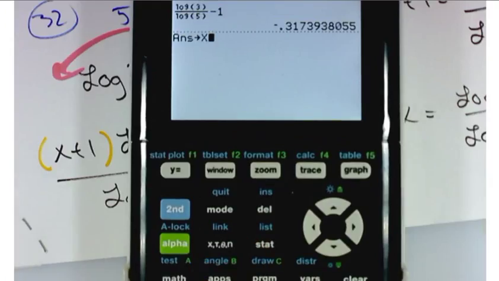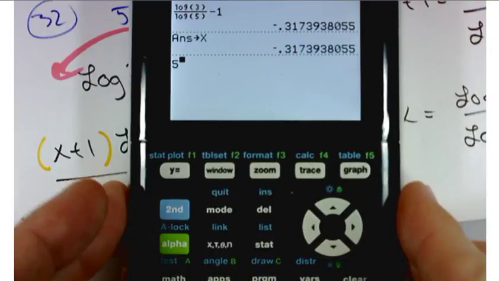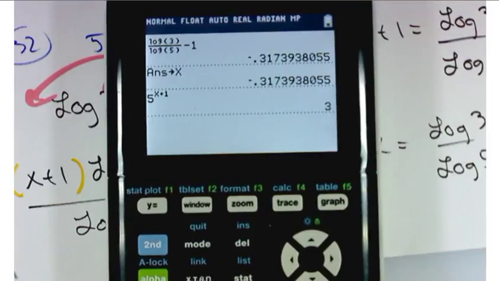Then press enter. It's just going to respond like that. But now we can type in the equation. 5 raised to the power of x plus 1. And I get 3. So nice. It works. You can check all your answers.